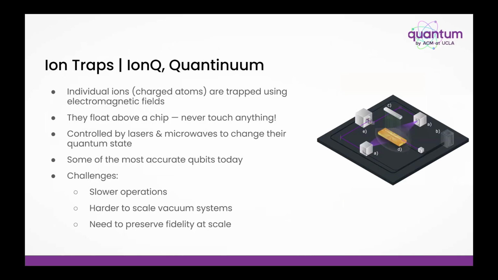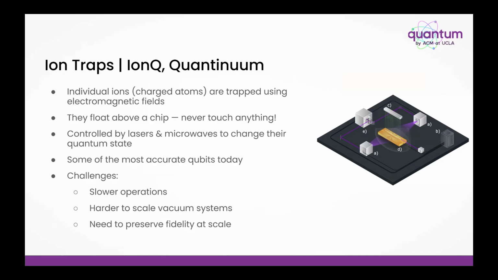All right, ion traps. This is the second most used or worked on technology right now, by IonQ and Quantinuum. Here, individual ions, which are charged atoms, are trapped using electromagnetic fields. There exists a field in the middle, and we want to have the ions trapped there. So they float above the chip.